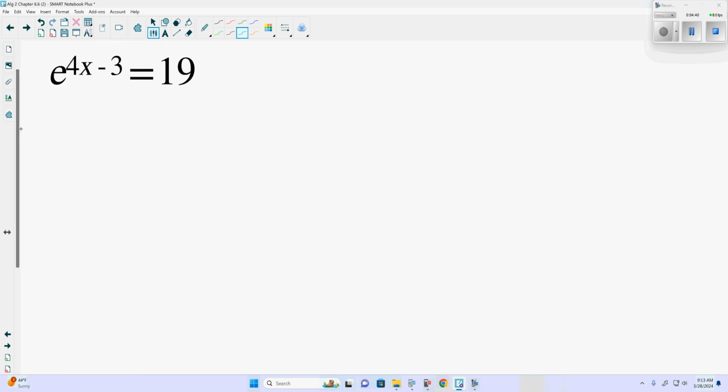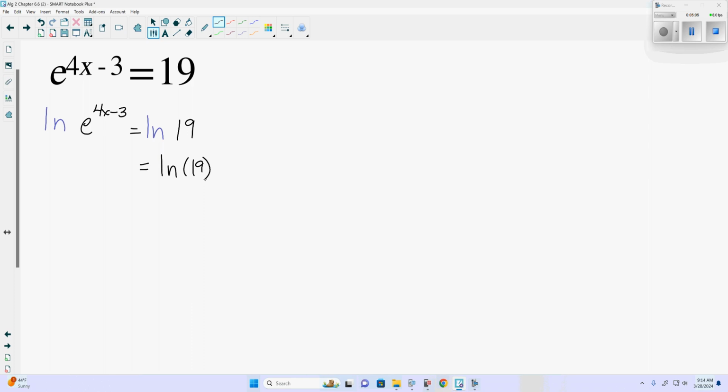e to the 4x minus 3 equals 19. Here, e is already by itself. So we just need to apply ln to both sides. Because the right-hand side is going to be the natural log of 19.